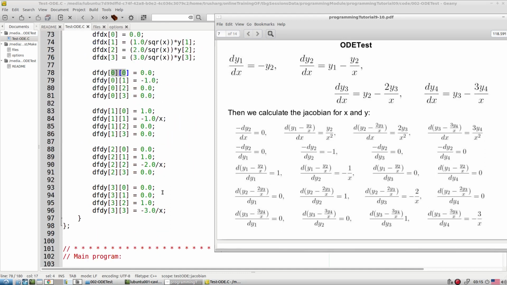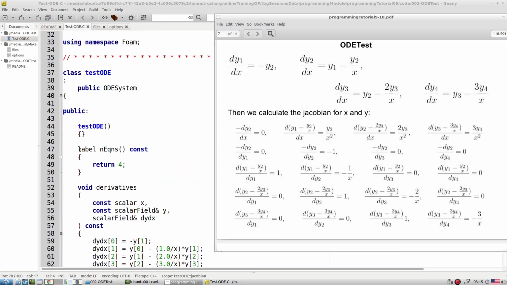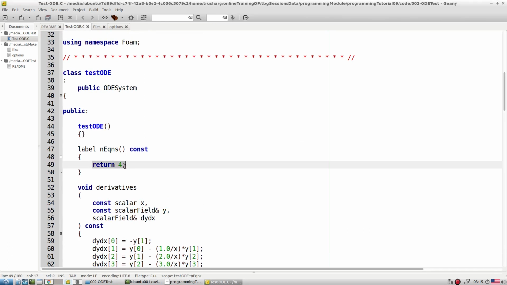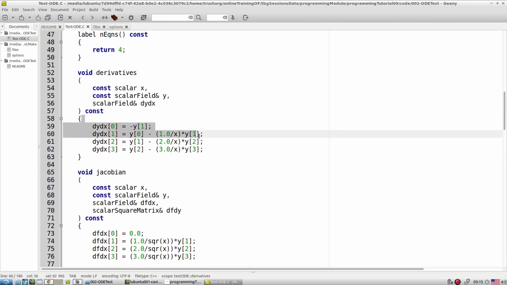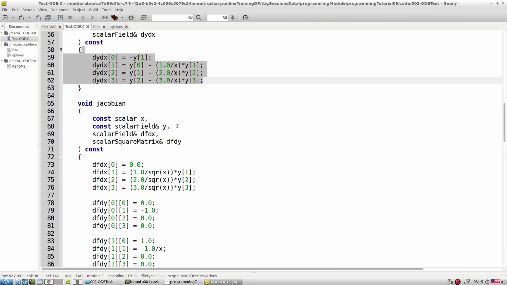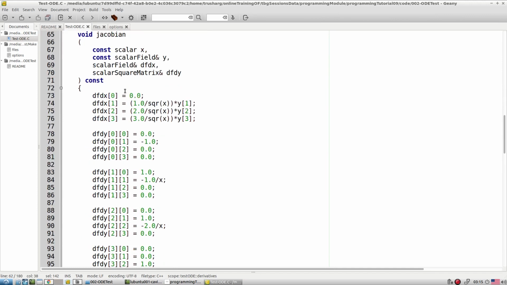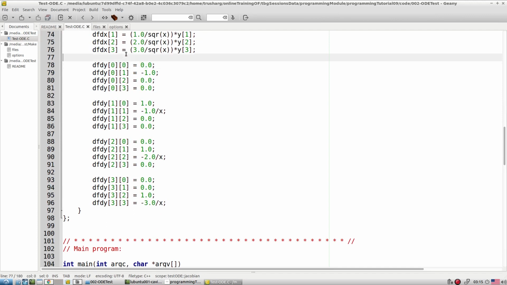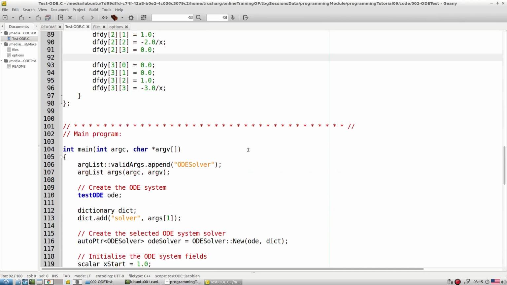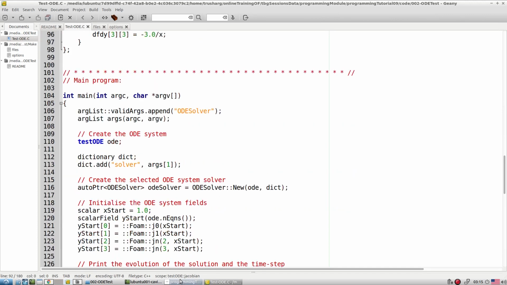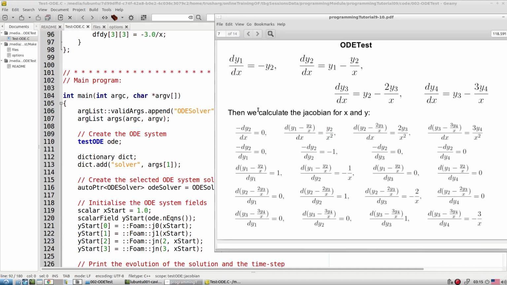In the similar line we write all the Jacobian. So what we needed: the number of equations, then the derivatives, exactly how our equations look, then the independent variable differentiation and the Jacobian. With the help of that we are set with all the solver part needed for this.